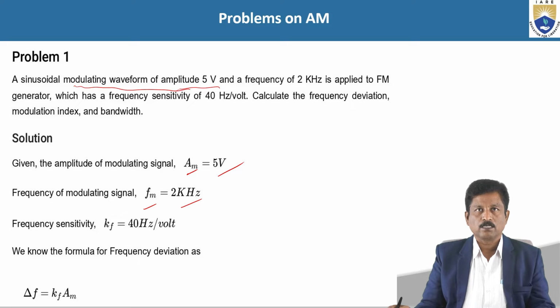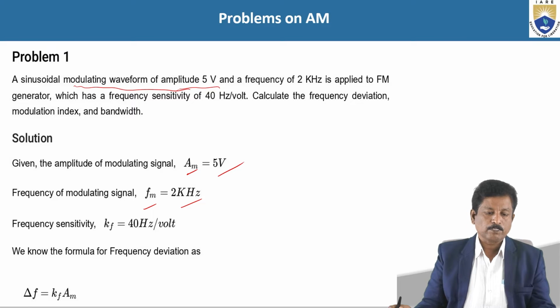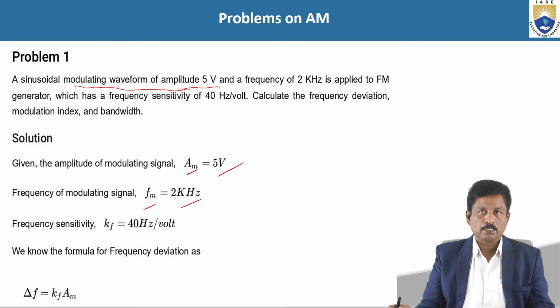So from the given statement, we have to take the data given by the problem. First is the amplitude of the modulating signal, indicated by Am, which is 5 volts. Similarly, the frequency of the modulating signal is fm equal to 2 kHz.